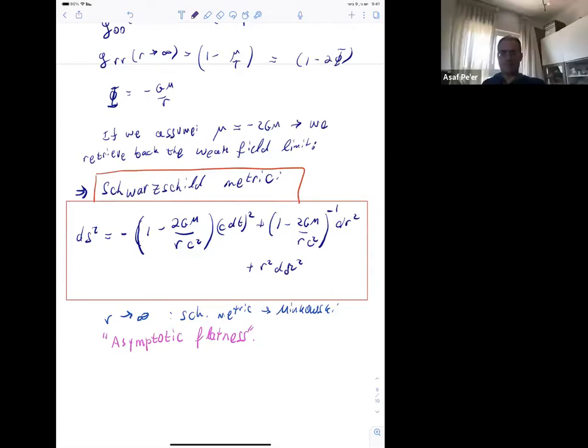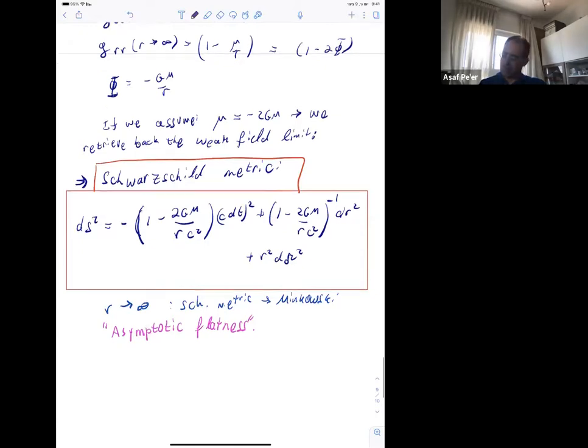Right. When you look at the metric, you immediately see that there are two radii where something strange is happening to the metric. One is at r equal to 0. You cannot divide by 0. And the second is r equal to 2GM over c squared.